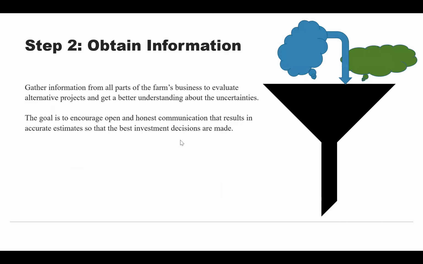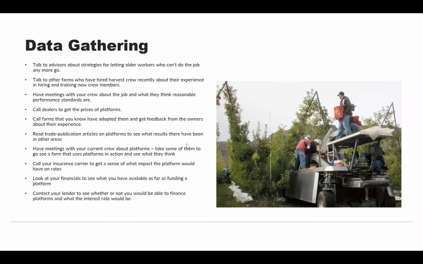So the next step is to gather information from all parts of the farm's business, evaluate current alternate projects, and get a better understanding. The goal of this is to have open and honest communication to get more accurate results, so in this case you want to go through data gathering. You want to talk to advisors about strategies for letting older workers who can't do the job anymore go.